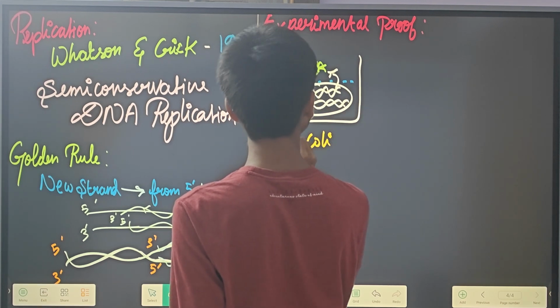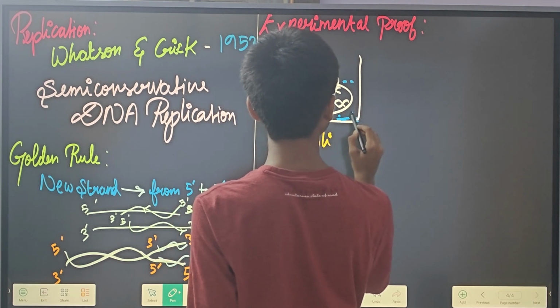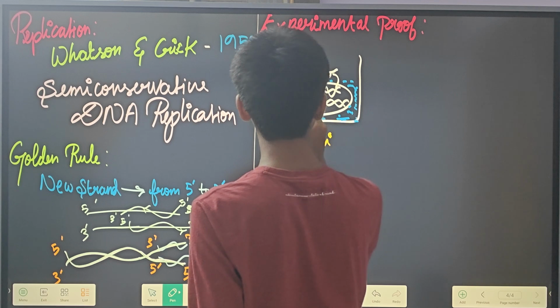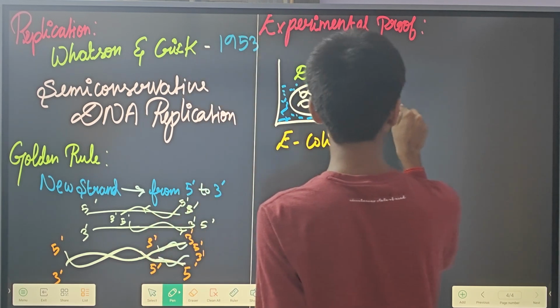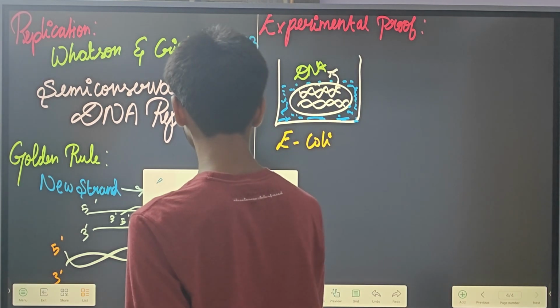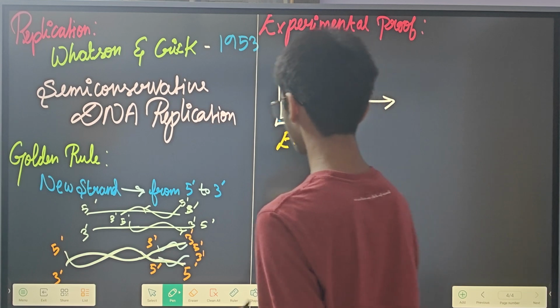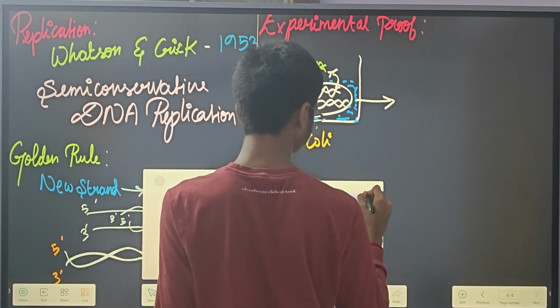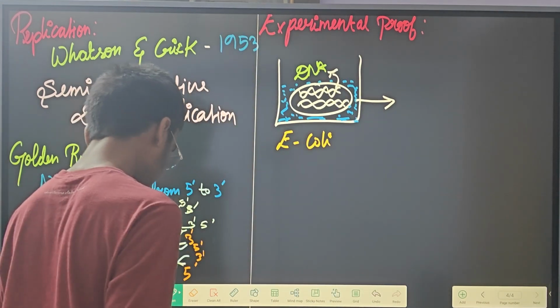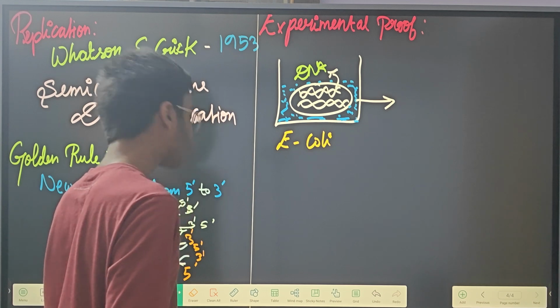This E. coli is not just one cell. They have taken some cells and put them in a medium which has heavy nitrogen in it.